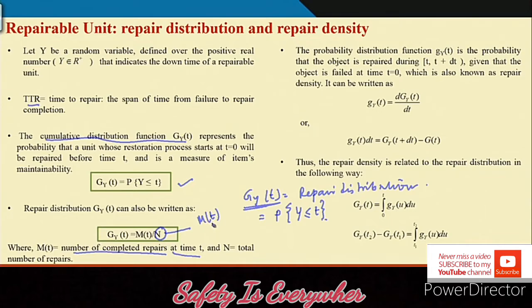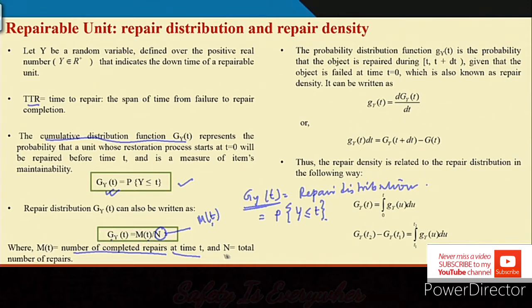So, this M(t) is nothing but the number of components repaired within time t. Then what will be the repair distribution? Repair distribution is the number of components completed repaired divided by the total number of components under repair at time t equal to 0. From the probability concept, this is also probability, but when you have the data you are able to find out the values. Okay. So, this is the way we will compute the repair distribution or repair probability.